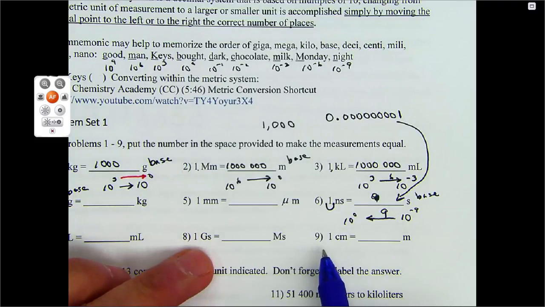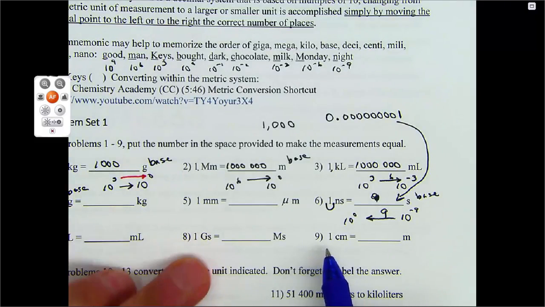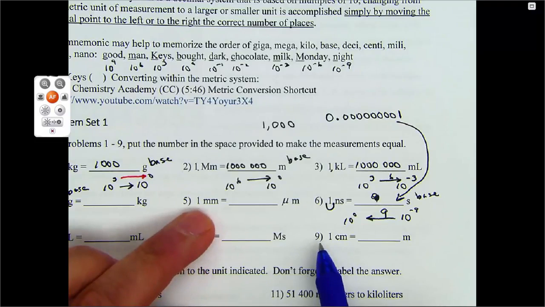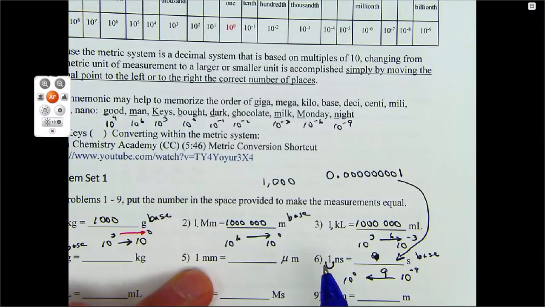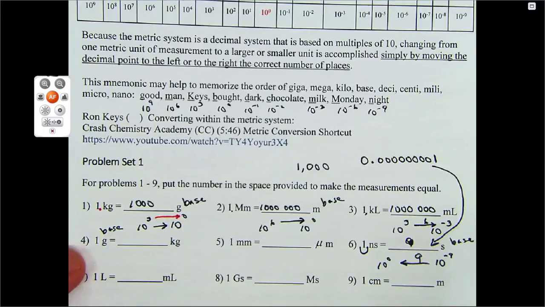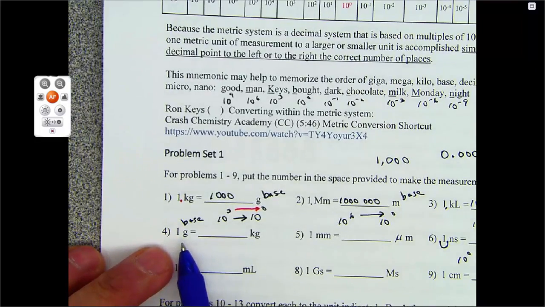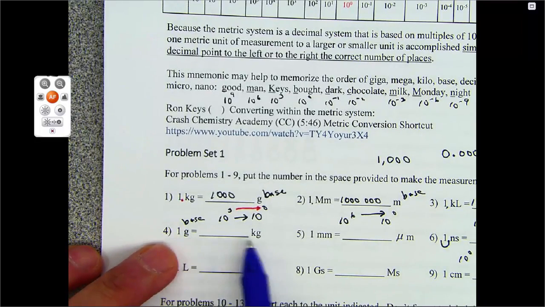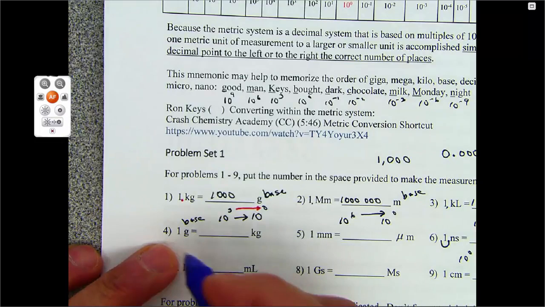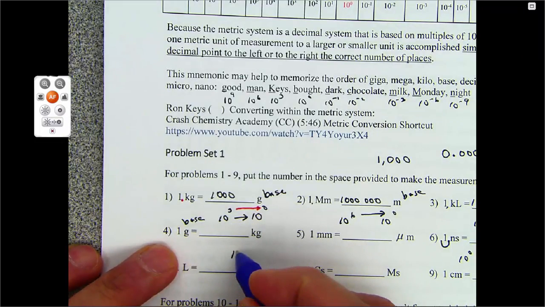Let's get one like, let's see, number 5 here. What do we got? Millimeters to micro. That's going to go to the right. Number 4 here, grams, which is a base, to kilo. Here we're going to have to go 10 to the 0.